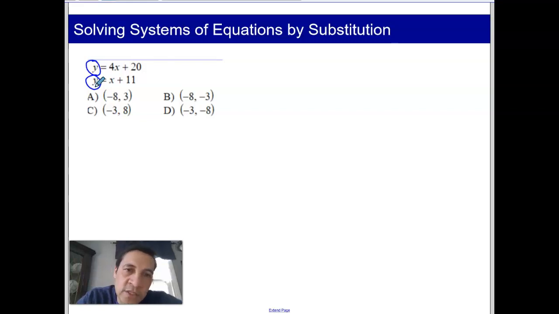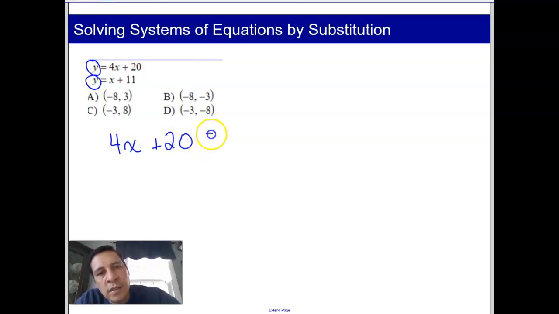Both of these equations are equal to y. So if the top equation is equal to y, and the bottom equation is equal to y, that means both equations are equal to each other. So I can write this equation: 4x plus 20 equals x plus 11.